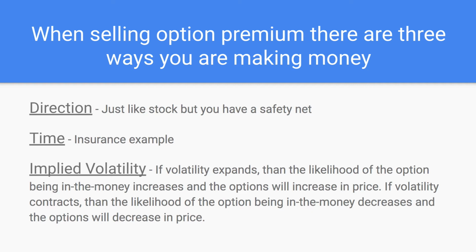The stock can move against you directionally and you can still end up making money on that position. So this is a cool thing because not only do you have more control over your portfolio, you don't necessarily have to be able to predict future price movements in order to be profitable.